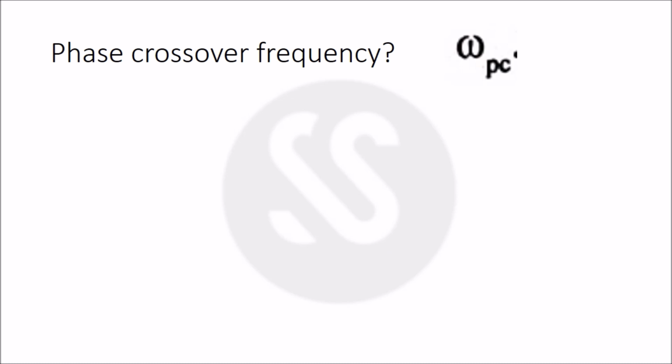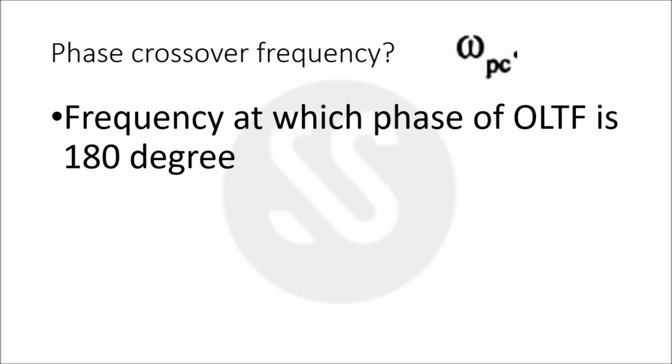Then the important thing is the phase crossover frequency. Here phase stands for angle. That means at what frequency the angle crosses the phase line. It is denoted by omega pc. Let us study about that. What is the phase crossover frequency?